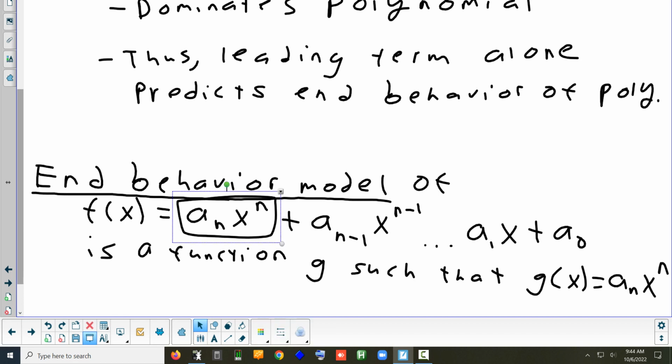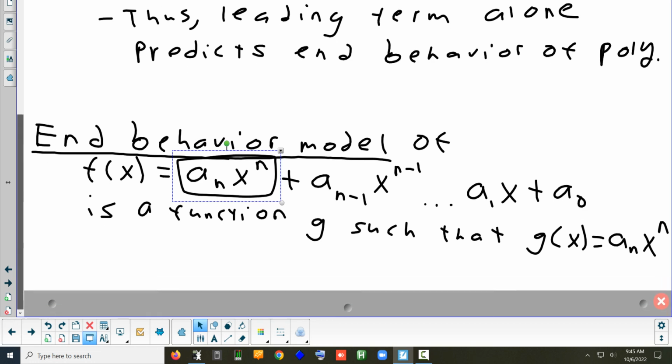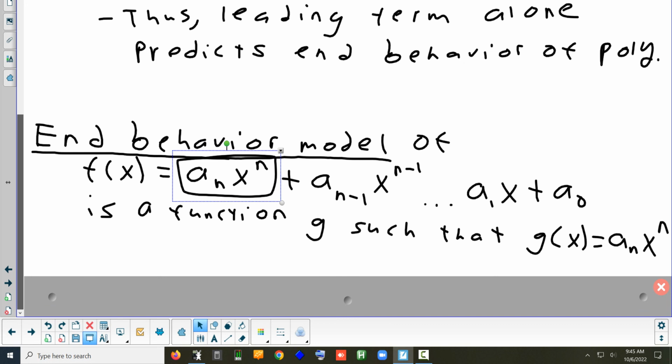This term alone is called the end behavior model. From now on, we'll abbreviate it EBM. And we'll finish up by finding an EBM and graphing it, and that'll be it.